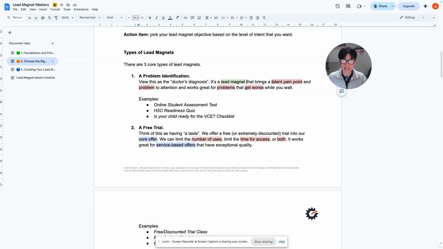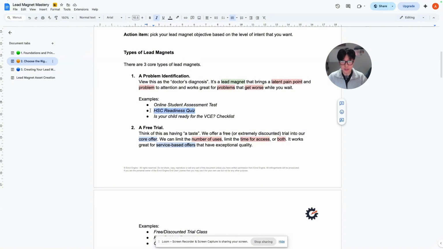You want to bring a latent pain point, which you can think about as the symptoms, and the problem that they face to attention. Tell them how serious it is, if it is serious at all. And this usually works great for problems that get worse while you wait. It creates that urgency. So some examples are assessment tests or diagnosis. So you can actually identify, here's your gaps, here's the problems, and here's what you can do about it.